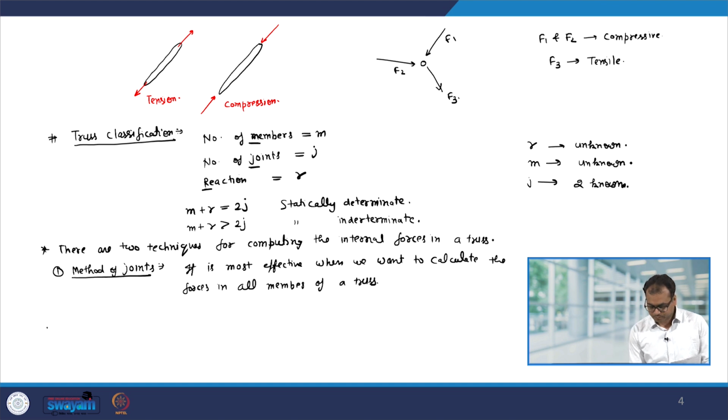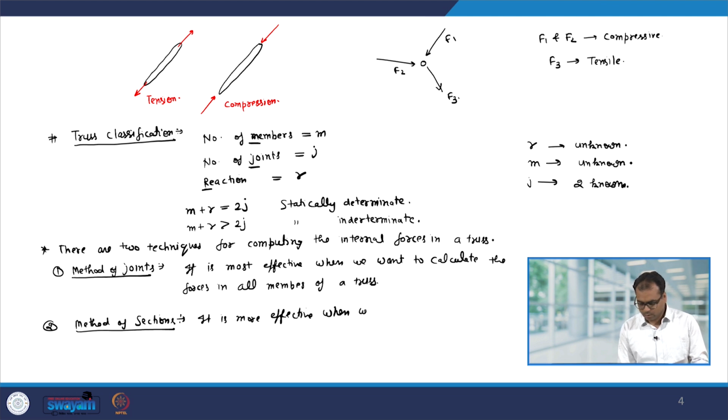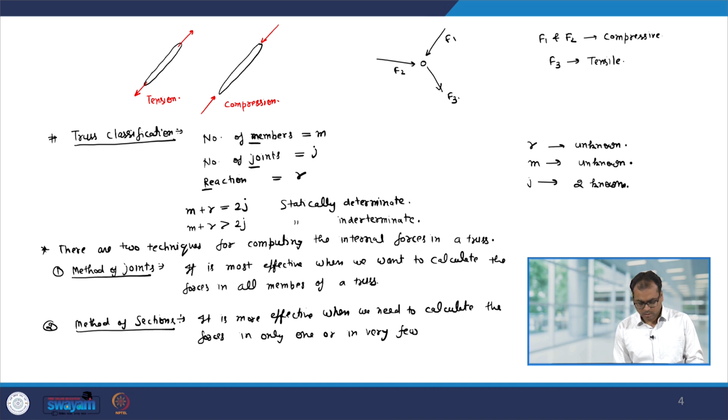And the second one is method of section, and this is more effective when we need to calculate the forces in only one or in very few members.